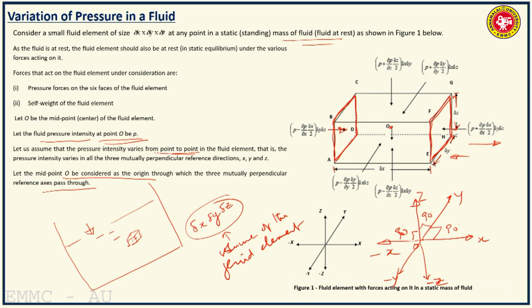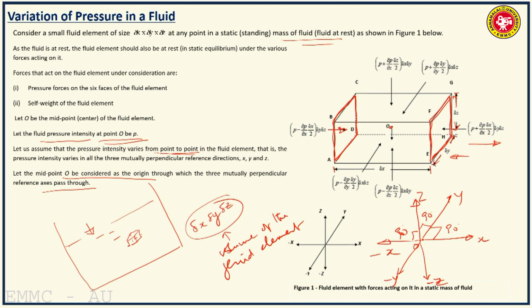So we have to get an expression for the pressure intensity on the left face A, B, C, D, and an expression for the pressure intensity on the right face E, F, G, H. Because it is a small element, an elementary parallelepiped, we assume that even though the pressure intensity is varying from point to point, as the surface area is very, very small, we will assume the pressure intensity to be constant over the small surface area.